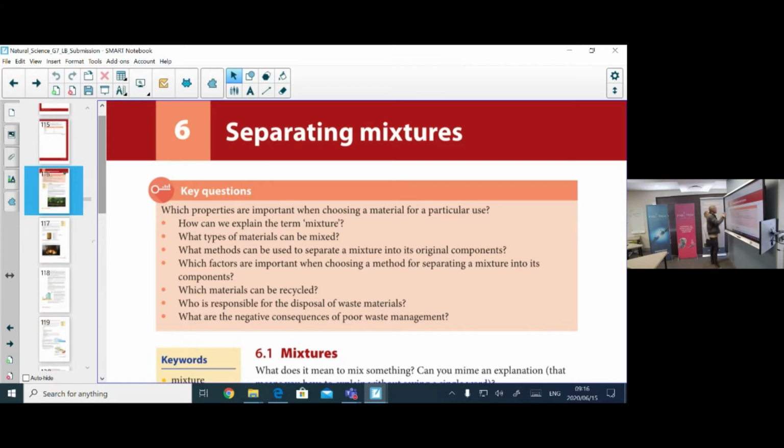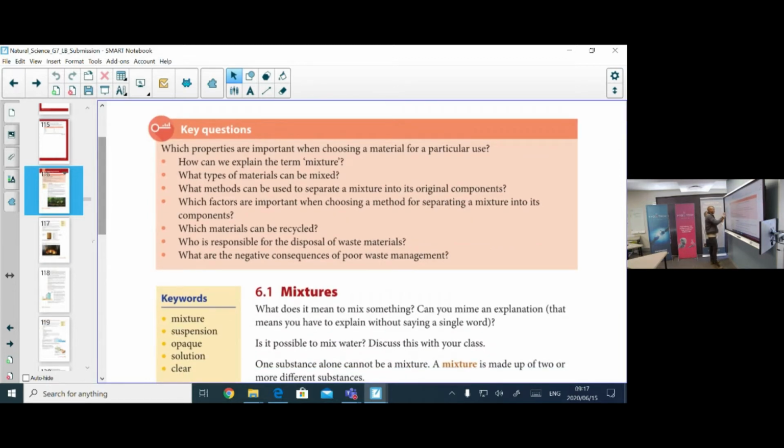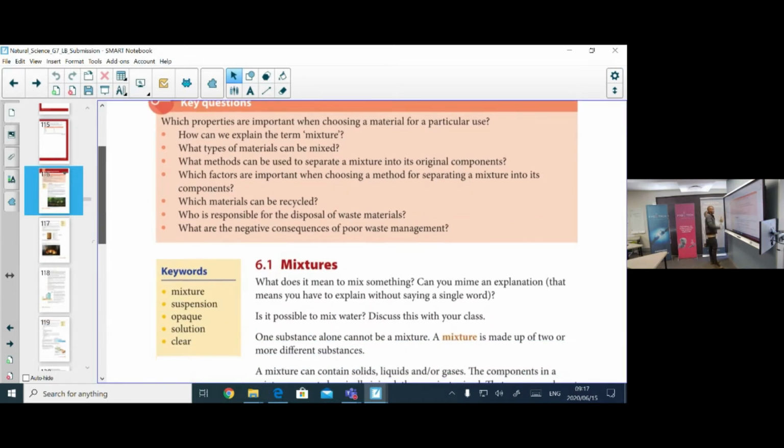So when we're talking about mixtures, what comes to mind? We're talking about two or more substances that come together to form one particular substance, right?